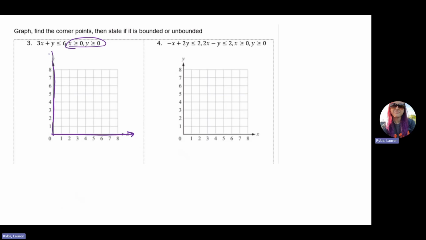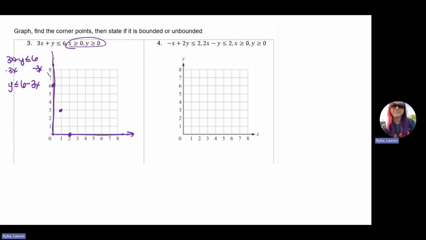So if we work with this first guy, 3x plus y less than or equal to 6, and I solve for y, if I subtract 3x to the other side, y is less than or equal to 6 minus 3x. So I'll start at 6, down 3 over 1, down 3 over 1. I'm going to continue my points until I intersect both axes. So I intersected at 6, I intersect down here at 2.